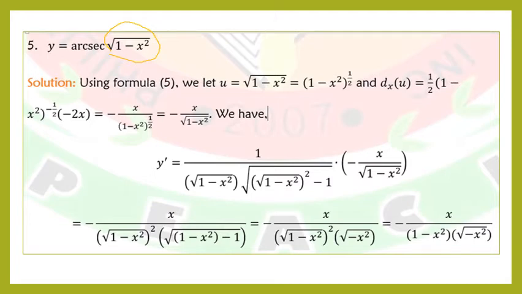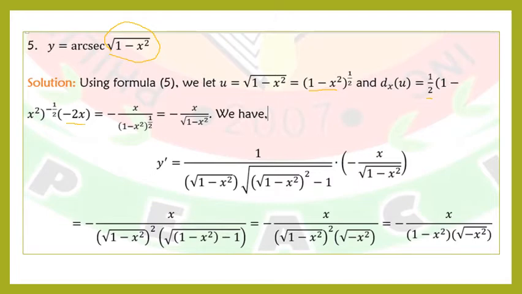Ang derivative nito is bring down yung 1/2, so eto si 1/2, and then just copy 1 minus x squared, and then mag-minus tayo ng 1 sa exponent. So, 1/2 minus 1 is negative 1/2 times, okay, may chain rule man, di ba? Times yung derivative ni 1 minus x squared na negative 2x, okay?